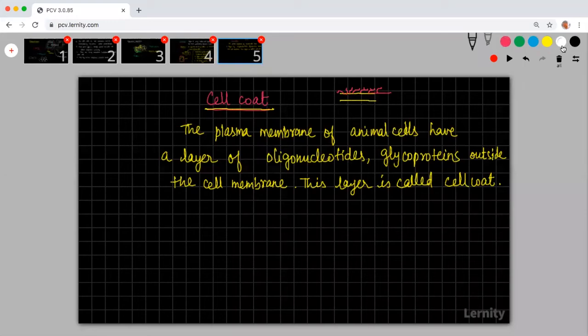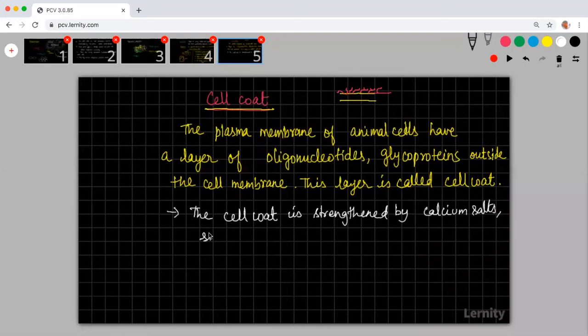The cell coat is strengthened by calcium salts, silicon, and other materials.